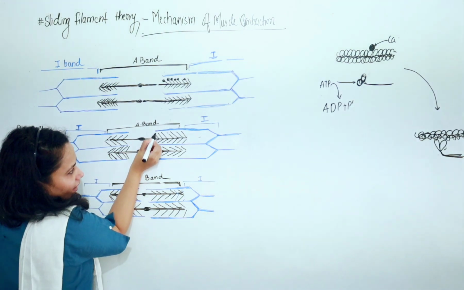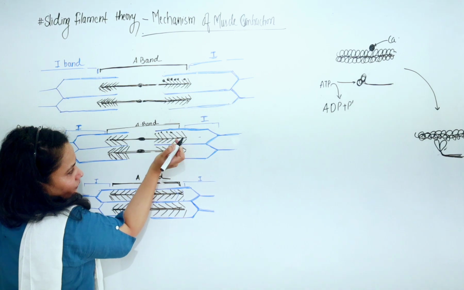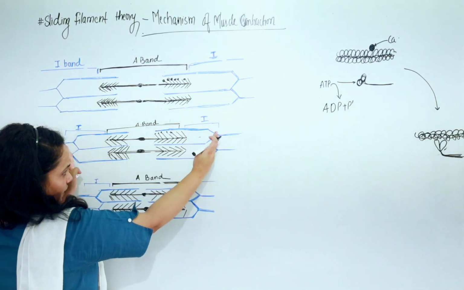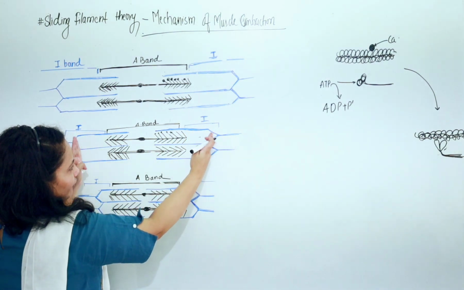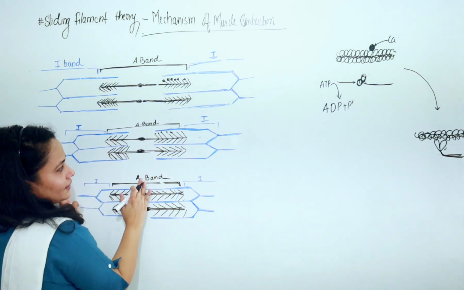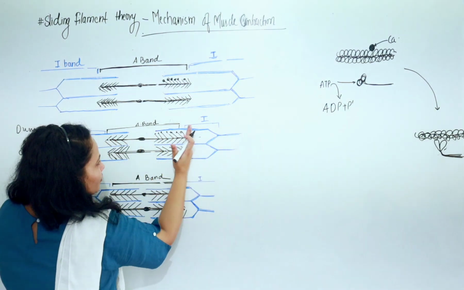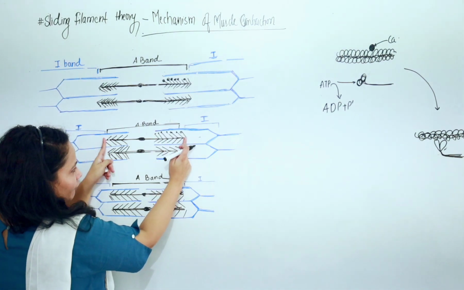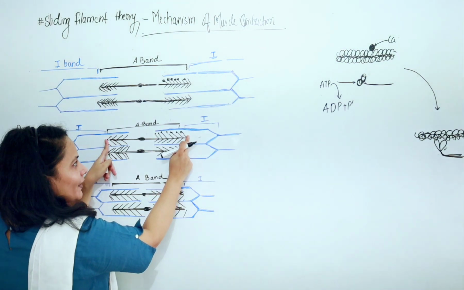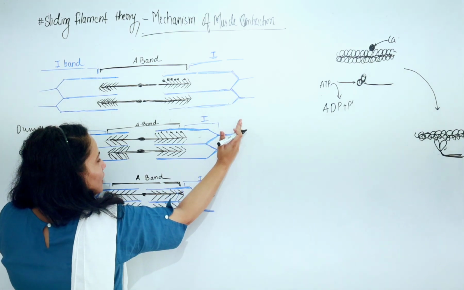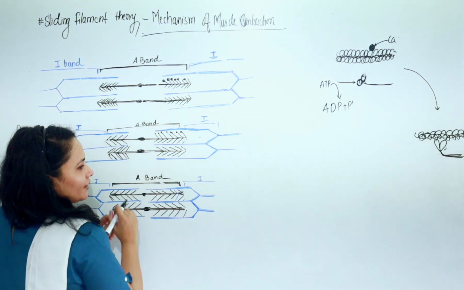During muscle contraction, these heads are lifted up and now they will pull the thin filament towards the center. So this thick filament will remain as it is in its place and it will pull these thin filaments towards the center.